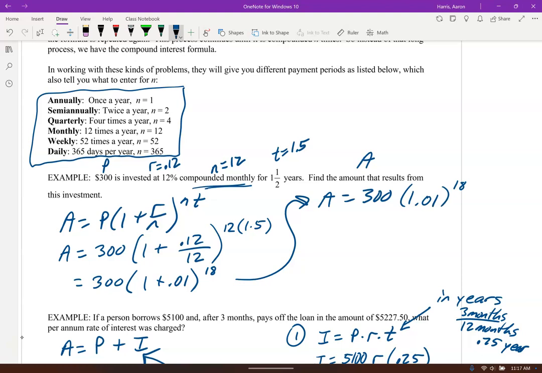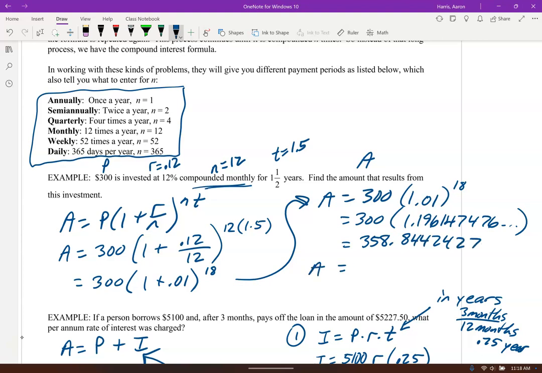So 1.01 to the 18th power gives us 1.196147476, and it keeps going, but that's all it displays on my calculator. Then I'll multiply that by 300, and that gives me 358.8442427. We're working with dollars and cents, so we round it to the nearest cent: $358.84.